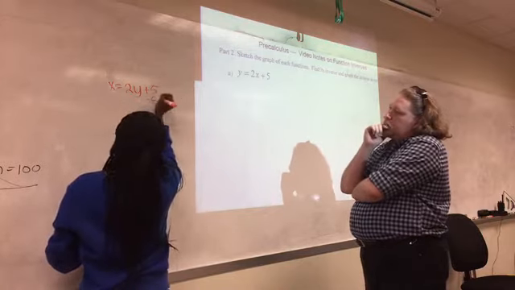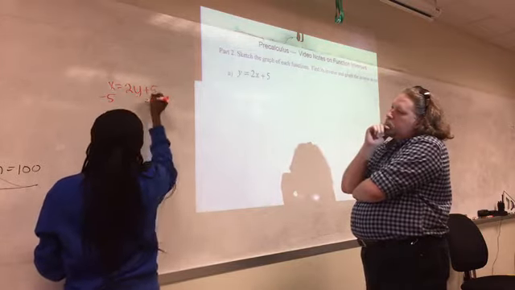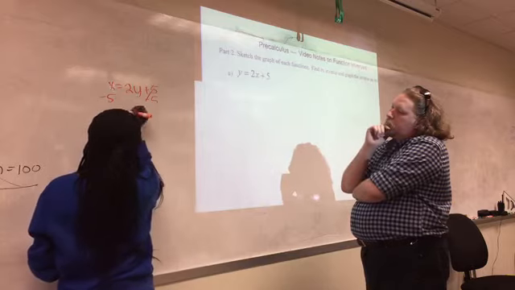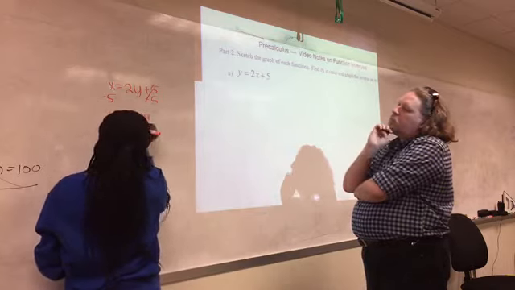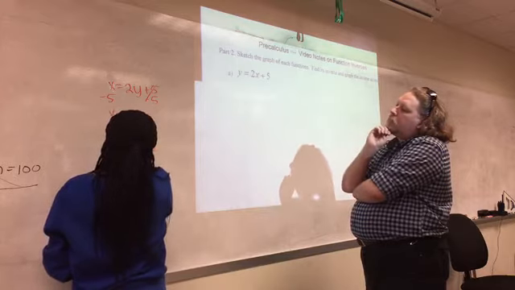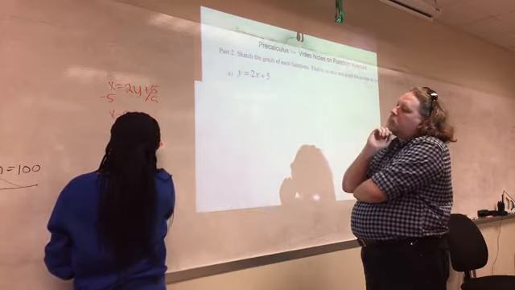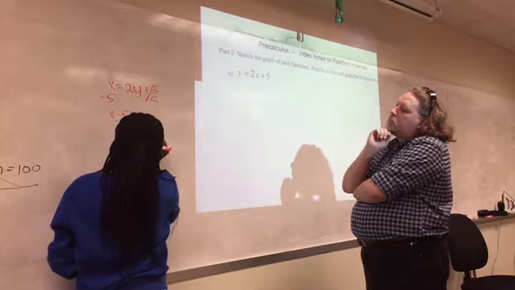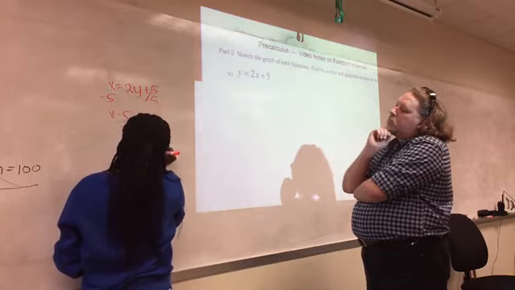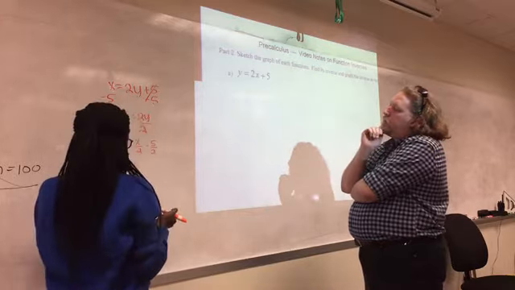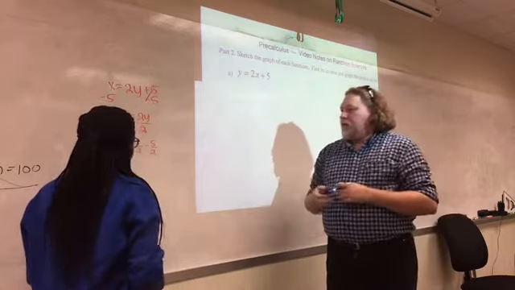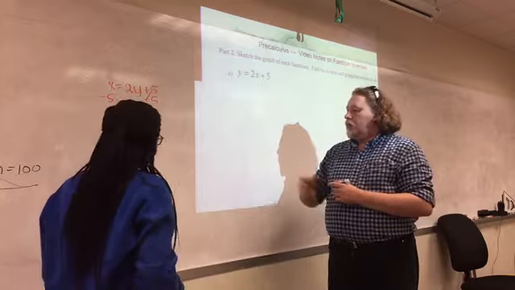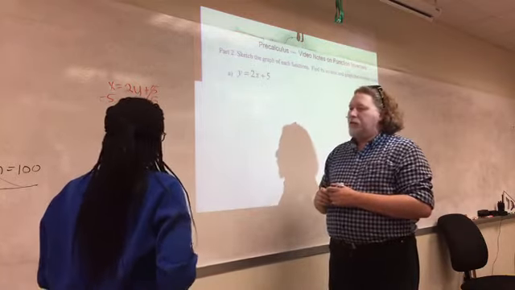I would subtract 5 on both sides first, then divide by 2 to get y by itself. So y equals x over 2 minus 5 over 2, or in other words, 1/2 x minus 5 over 2.